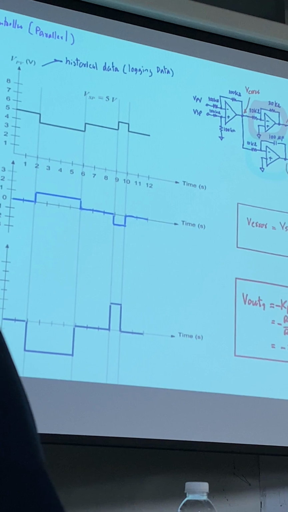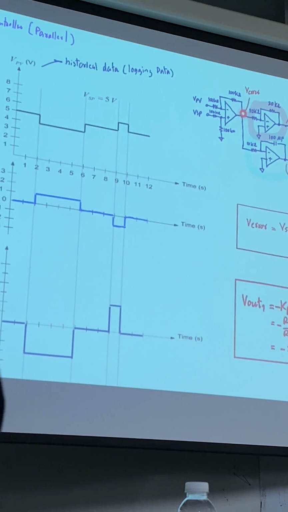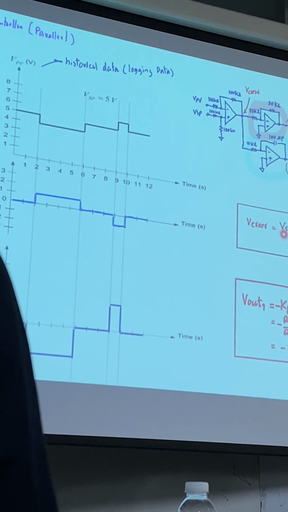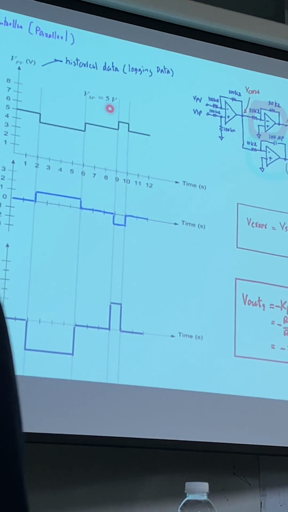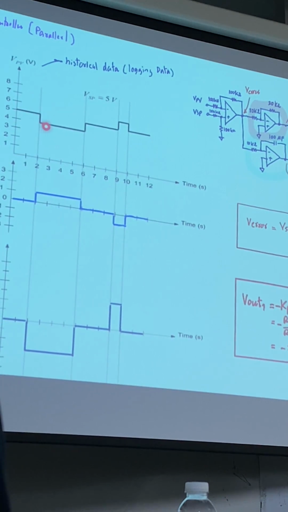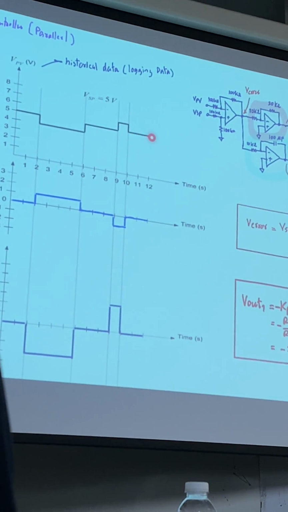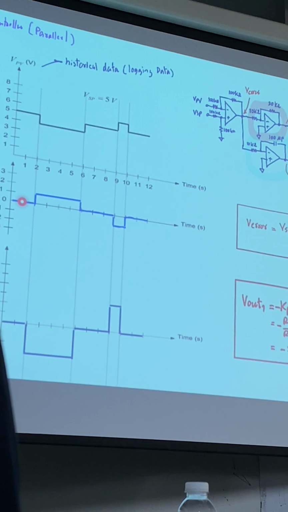May I repeat again? The first graph comes from the calculations of these equations. V error is the output of the differential amplifier, which is equal to V set point minus VPV. And V set point is defined here as 5 volt. VPV is according to the graph. The first interval is 5 minus 5, equal to 0.